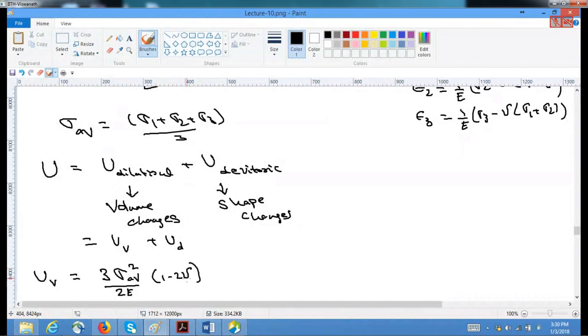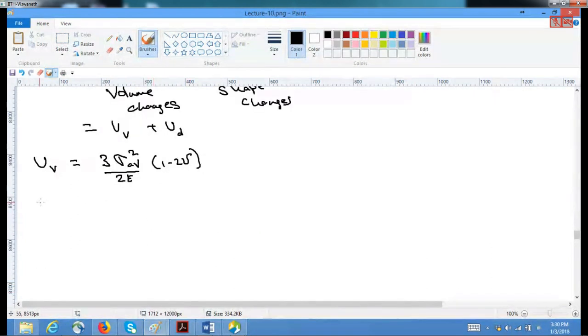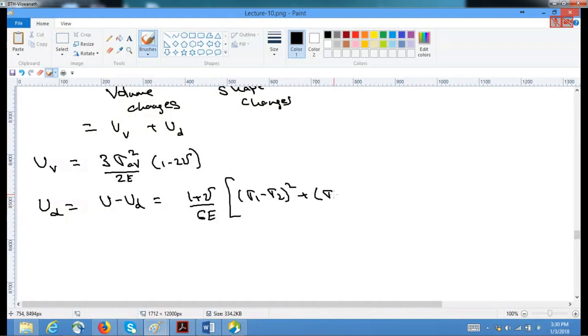Now you know UD is nothing but U minus UV. If you compute, you will get it as (1 plus mu) by 6E times sigma 1 minus sigma 2 whole square, in terms of principal stresses, plus sigma 2 minus sigma 3 whole square plus sigma 3 minus sigma 1 whole square.